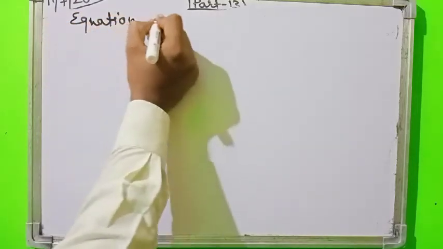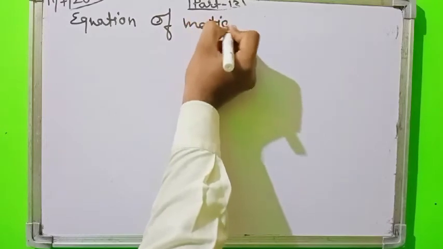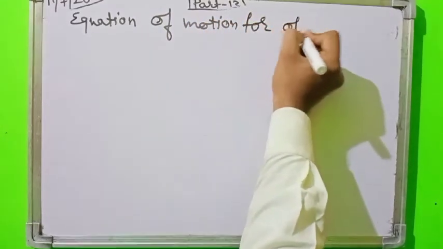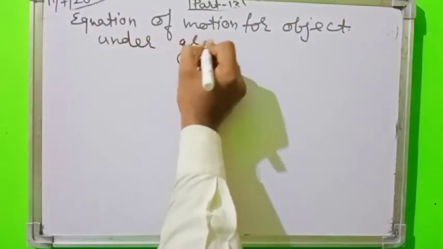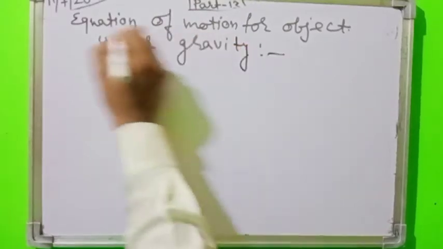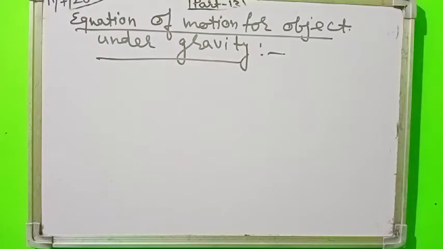When you say that the object is under gravity, when you are throwing the object upward or the object is coming downward towards the earth, you are throwing an object above from the surface of the earth or the object is falling towards the earth, in both cases the motion of the object is said to be under gravity.